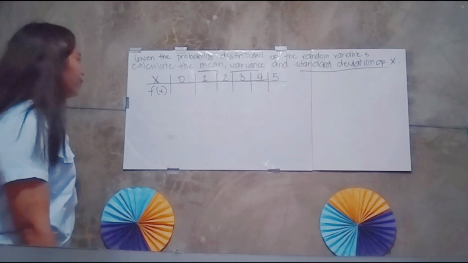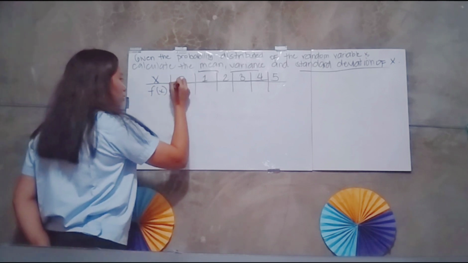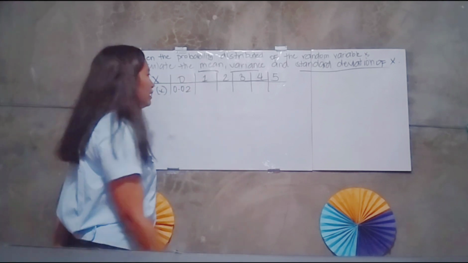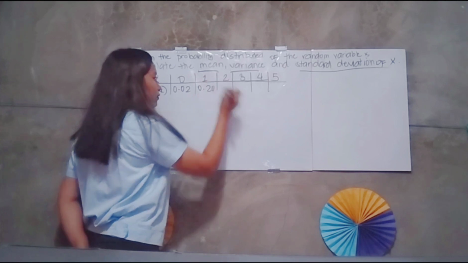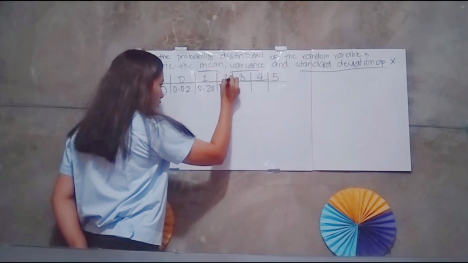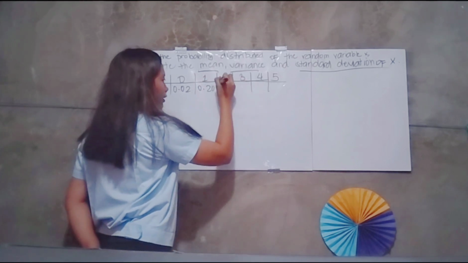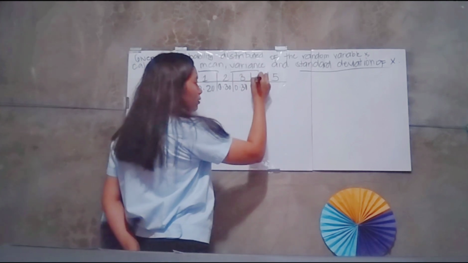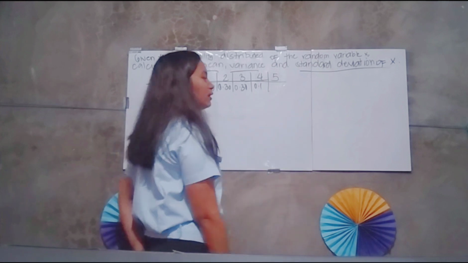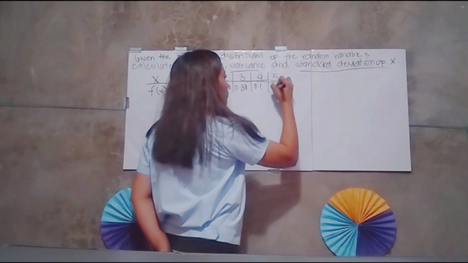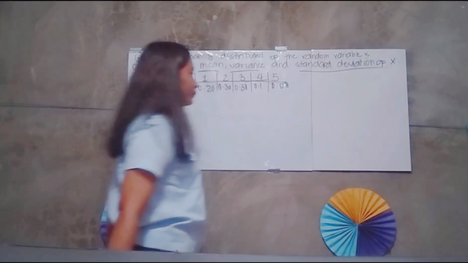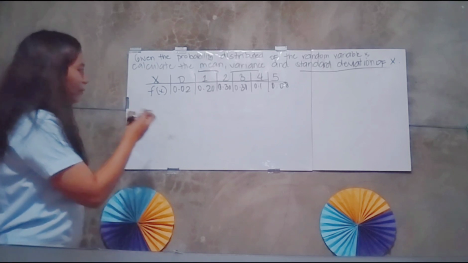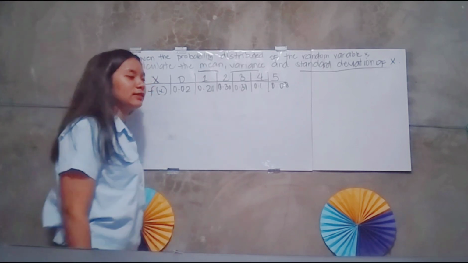So, ang ating f(x) for 0 is equal to 0.02. For 1, 0.20. For 2, 0.30. For 3, 0.30. And 4, 0.1. And sa ating 5 is equal to 0.08. So, pag pinag-add natin to, magiging sagot niya ay 1.